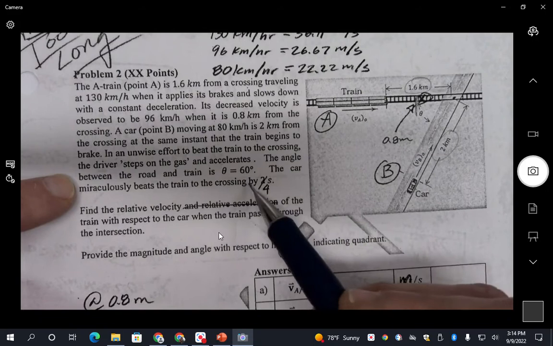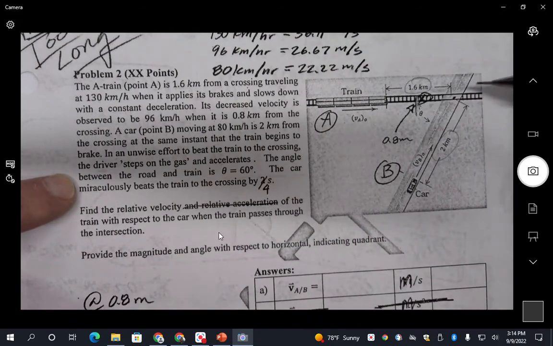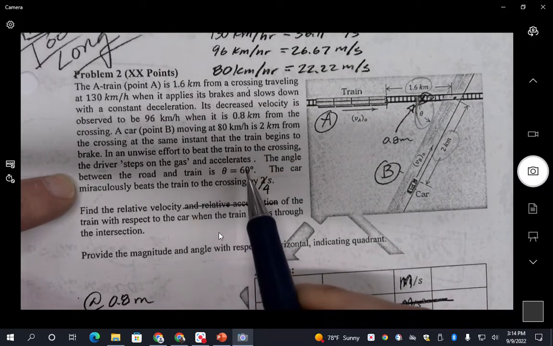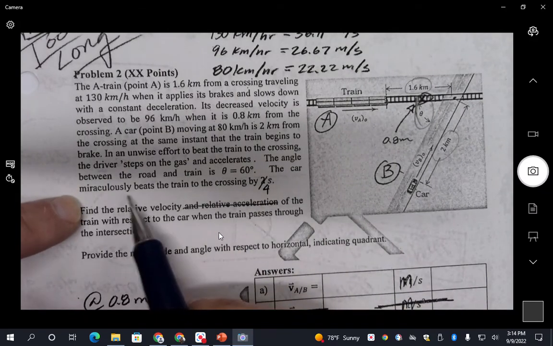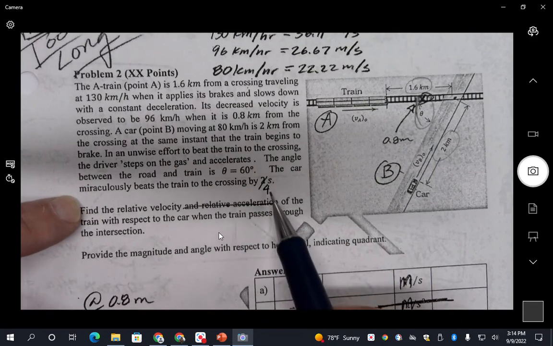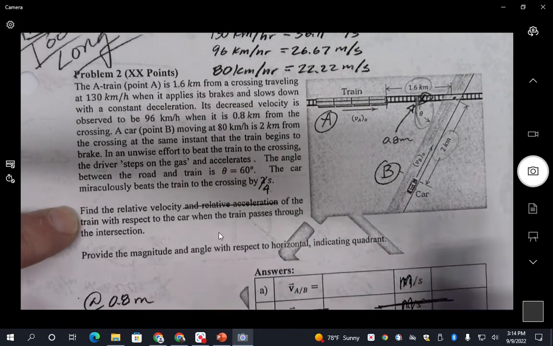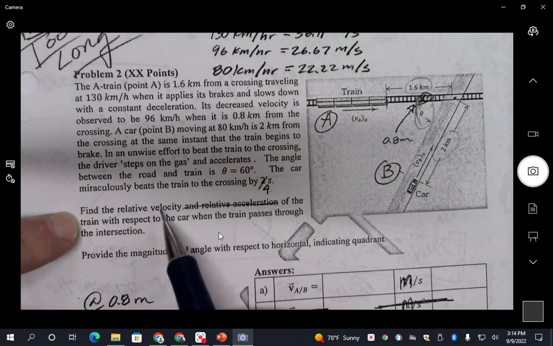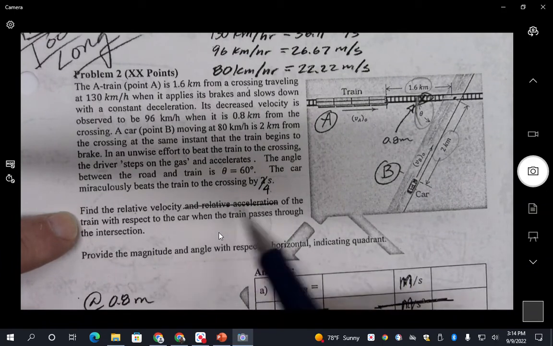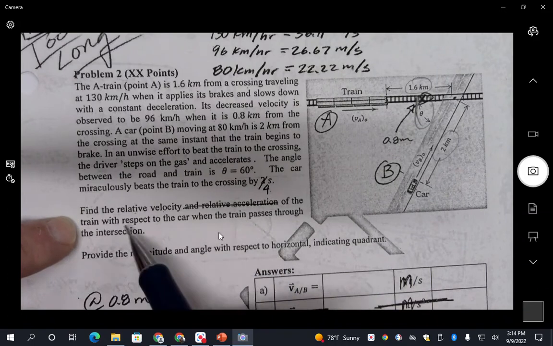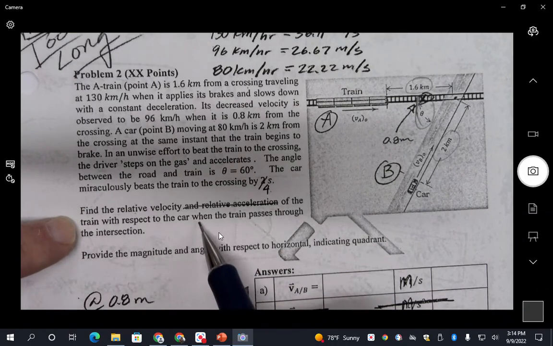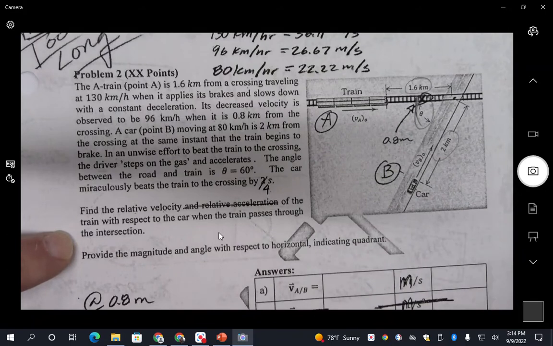The angle between these is 60 degrees, so the theta is right in there. And the car miraculously beats the train by 4 seconds. So what we want to do is find the relative velocity of the train with respect to the car when the train passes through the intersection. I got rid of relative acceleration because it took too much time. Provide the magnitude and angle with respect to horizontal indicating quadrant.